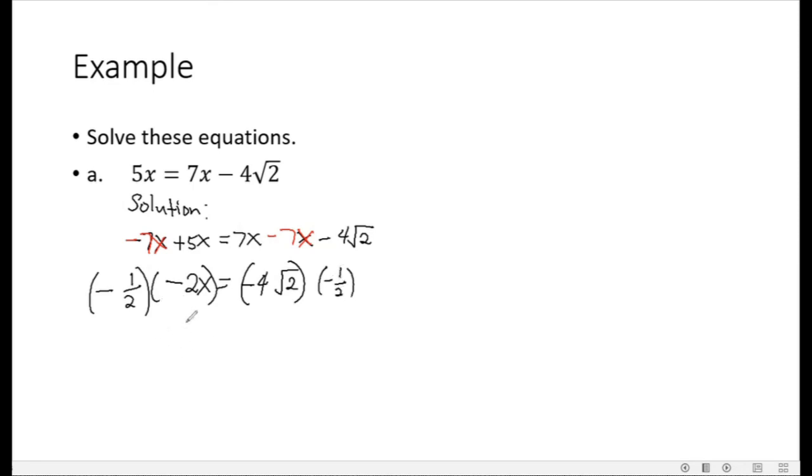Then, sa left side ay magiging x, negative 1 half times negative 2x is equal to x. Then, sa right side naman ay negative 4 square root of 2 times negative 1 half, and that is positive 2 square root of 2. Therefore, ang ating value of x is 2 square root of 2.